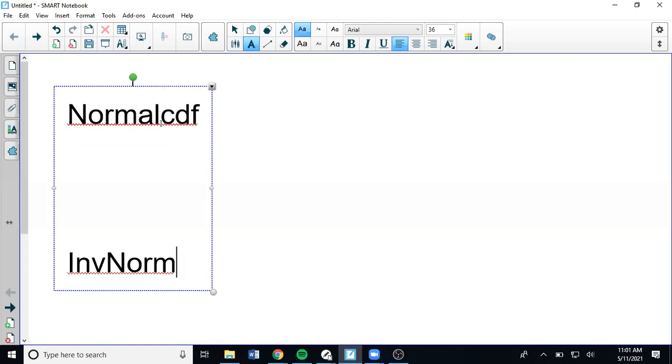Those are the two different calculator commands that we have. So first off, normal CDF. Go to normal CDF on your calculator so that you can verify this for yourself.